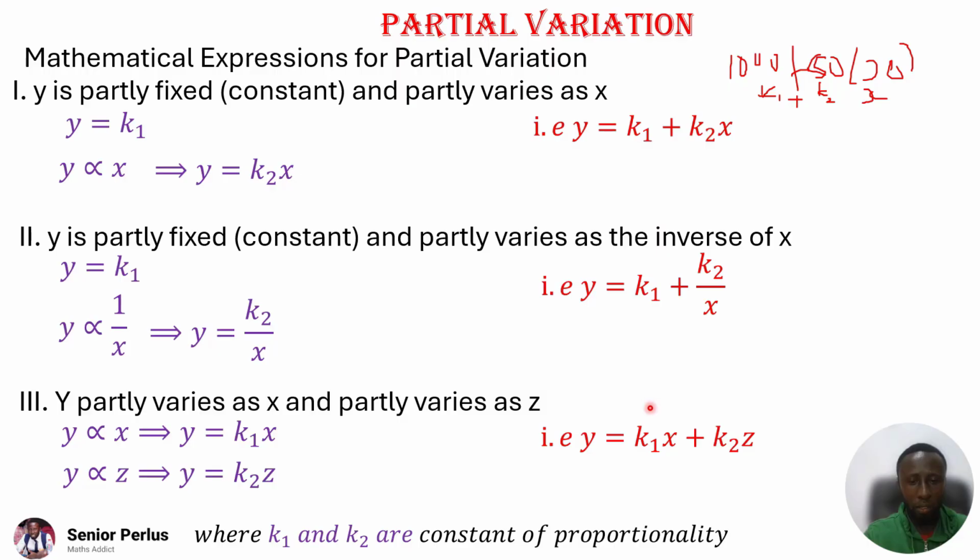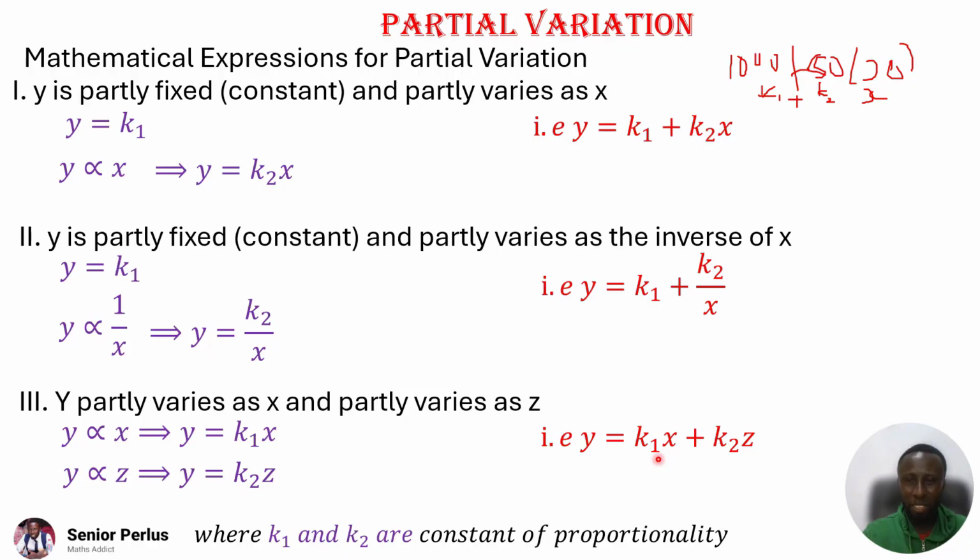That's Y equals K1S plus K2Z. Okay, that's Y partly varies as S and partly varies as what? Z. Very simple. So go through this. It's very easy. So in variation, getting the mathematical expression is the problem, but if you understand it, it's very easy. So that's how we write the mathematical expression for variation.